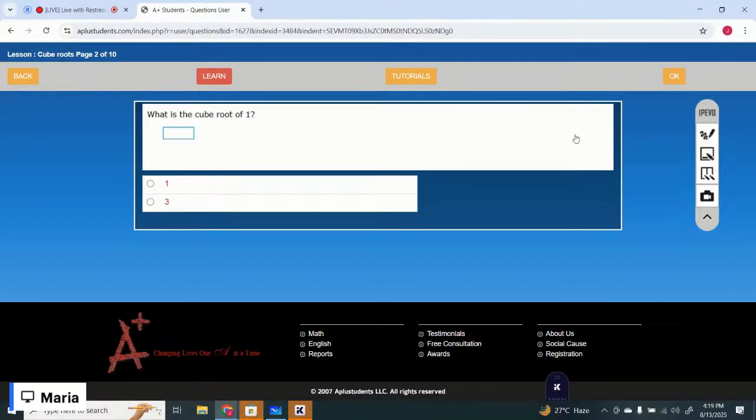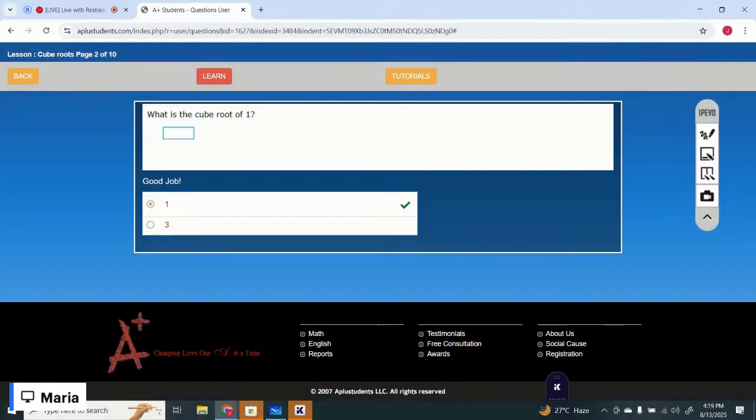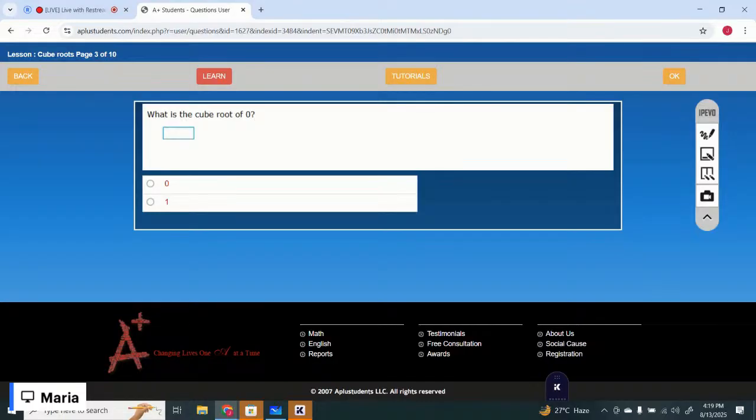Option number 1 is the correct option. The cube root of 0 is 0.